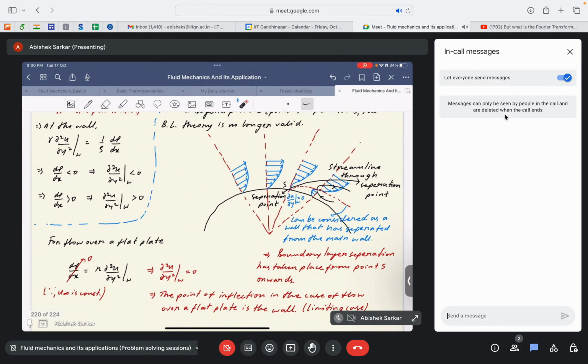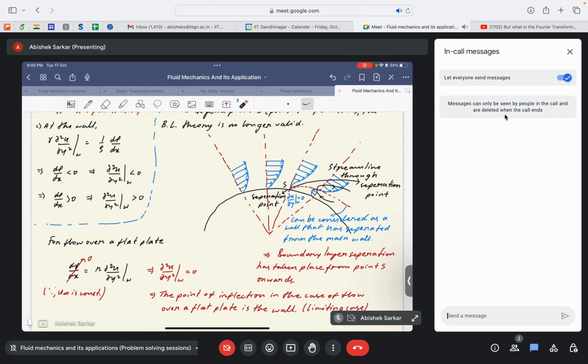As we move further, this value ∂u/∂y can in fact also take negative values as the flow is subjected to further adverse pressure gradients. So this is what we exactly told here.